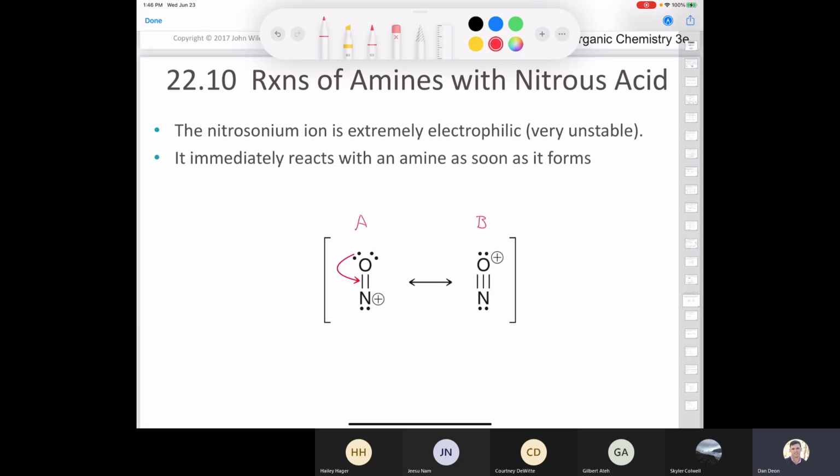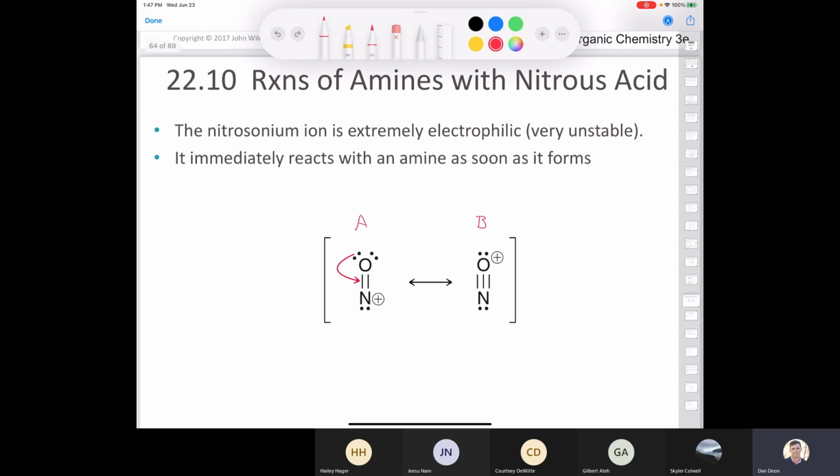Yeah, I see a lot of students are saying A, and I think the rationale there is usually that they're thinking, well, oxygen is more electronegative than nitrogen, and so the nitrogen is going to be more comfortable with the positive charge. But in fact it would be B, and the reason why is because in B, everything has a complete octet. If you look at the nitrogen here, it has 1, 2, 3, 4, 5, 6 electrons surrounding it. The oxygen has an octet, whereas in this resonance structure, everything has a complete octet.